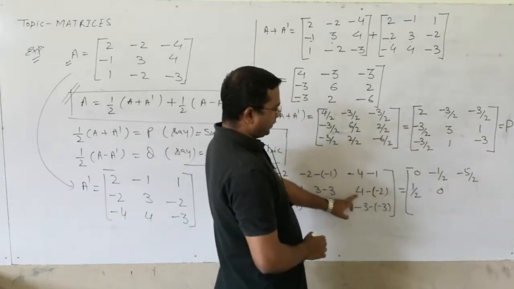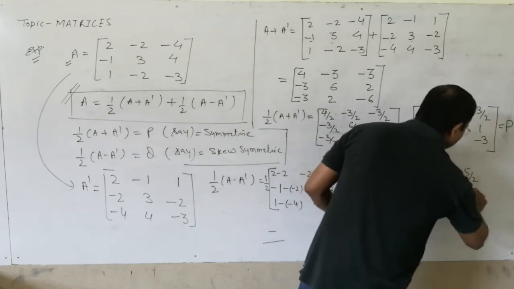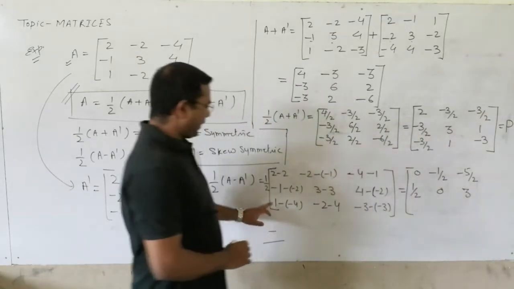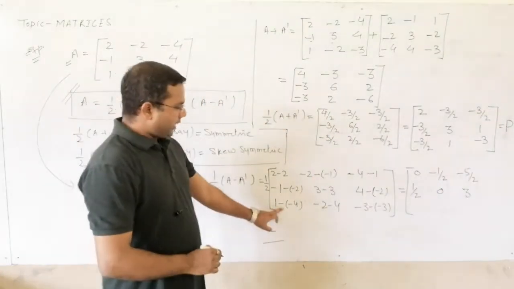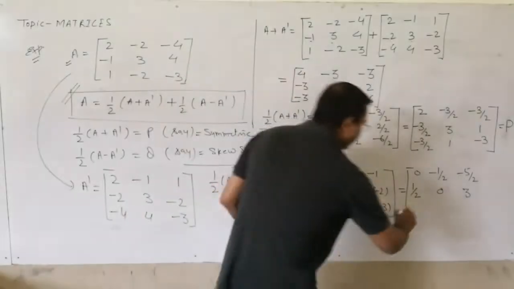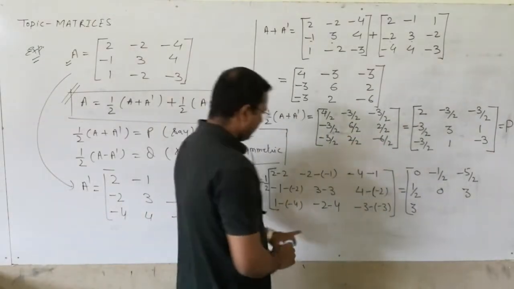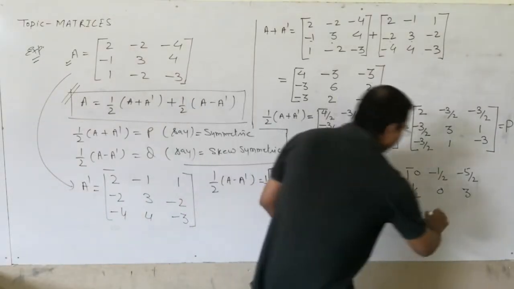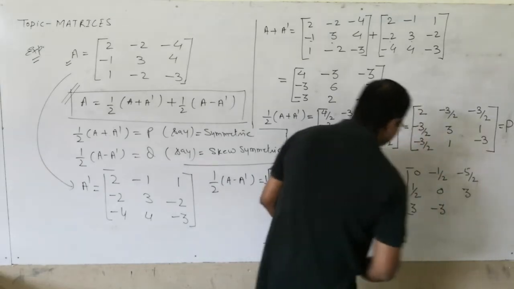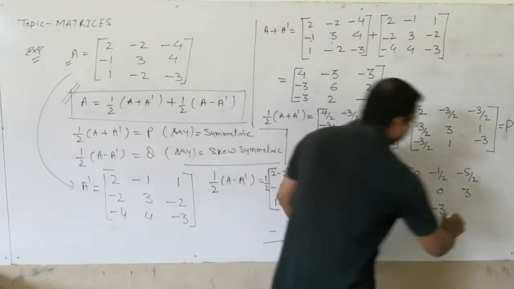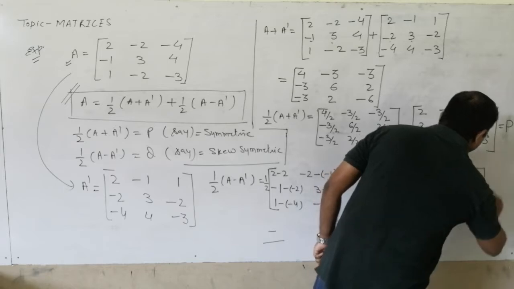Then here it is 4 plus 2, 6 divided by 2, it is 3, and here again 1 plus 5, it is 6 divided by 2, 3, minus 6 divided by 2, minus 3, and minus 3 plus 3, this is 0.